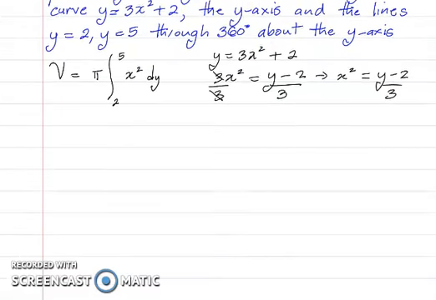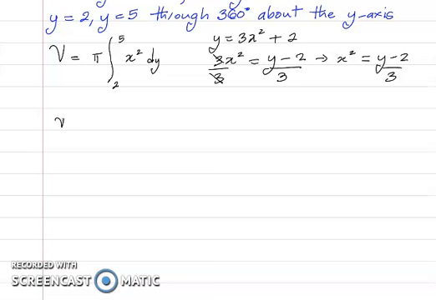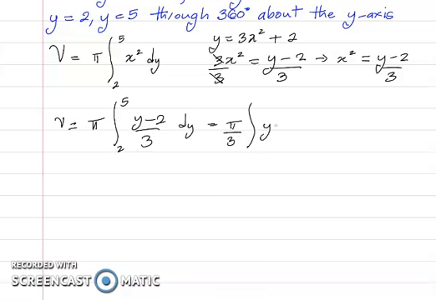So our volume V would be equal to pi, the integral from 2 to 5 of x squared, which is y minus 2 over 3, and we're integrating with respect to y. Let's pull out that 3. We have the integral, pi over 3, y minus 2, and we are integrating with respect to y.